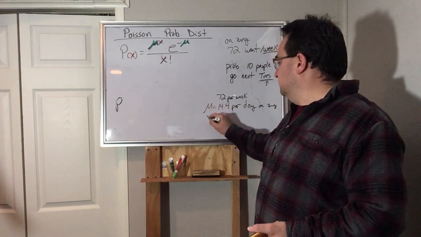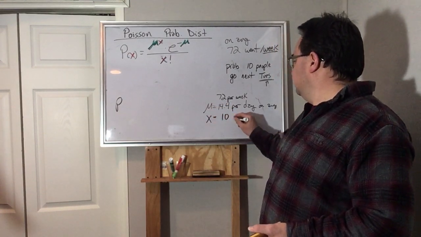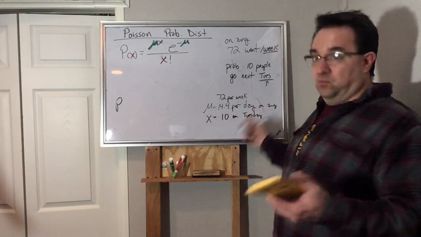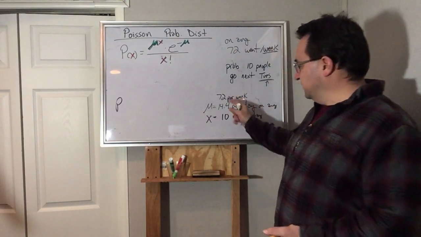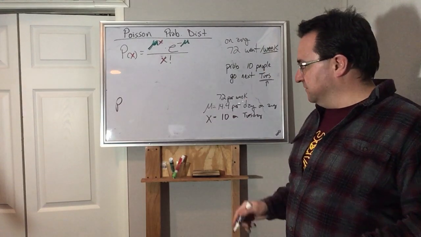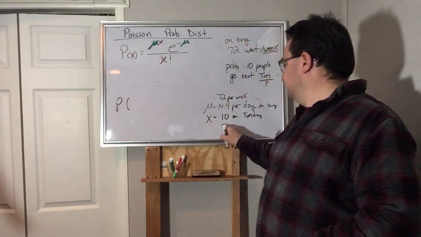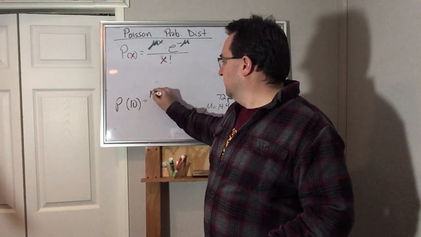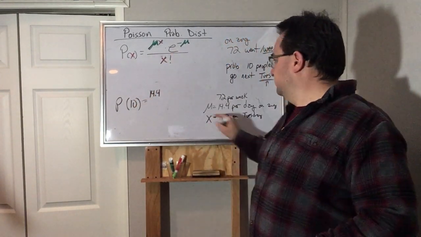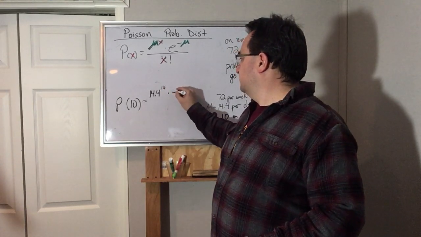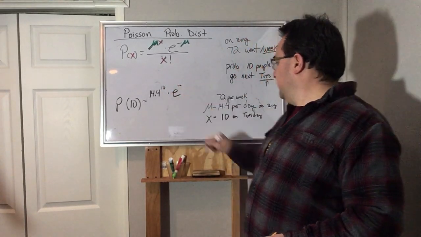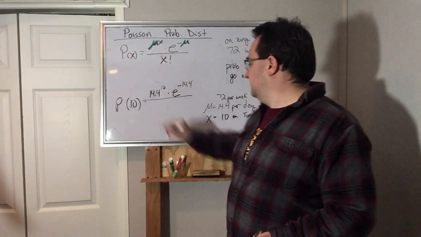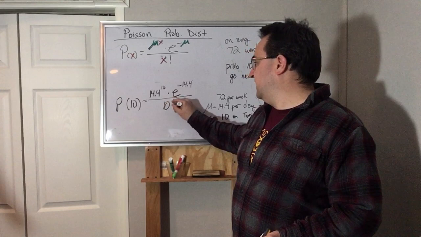So this would be my mu, and x would be the 10 on Tuesday, which is 1 day, right? So there's my mu, there's my x, there's my formula. So the probability of 10 is 14.4 to the 10 times e to the negative 14.4 divided by 10 factorial.